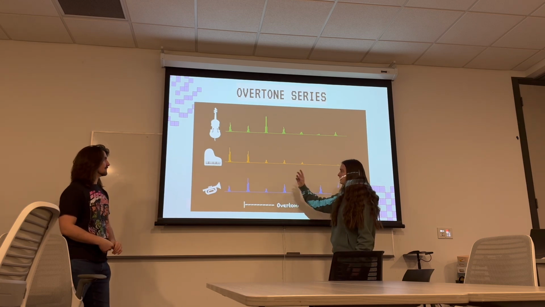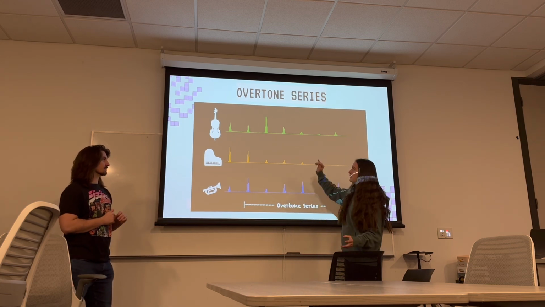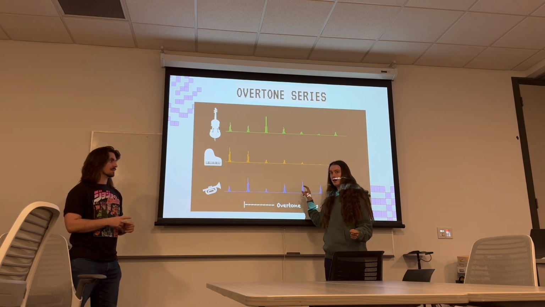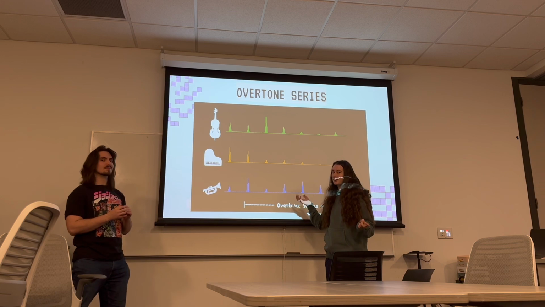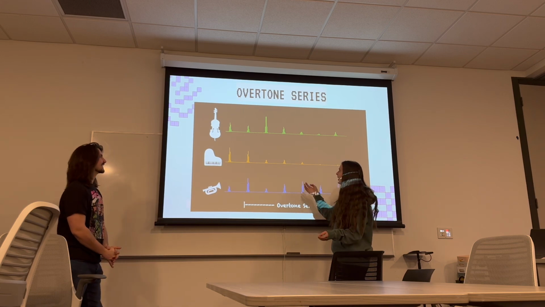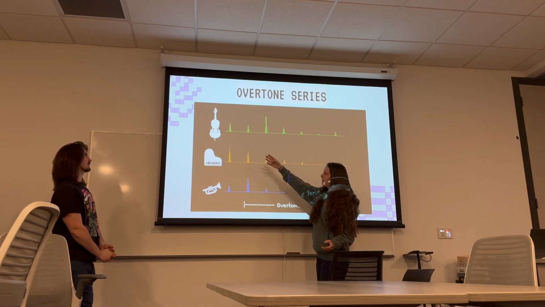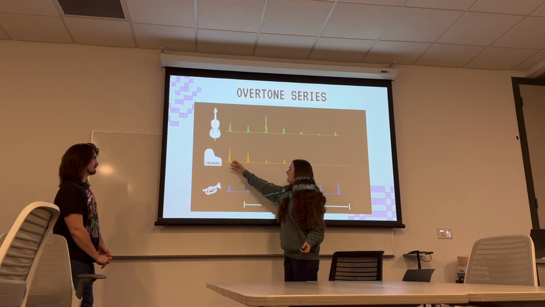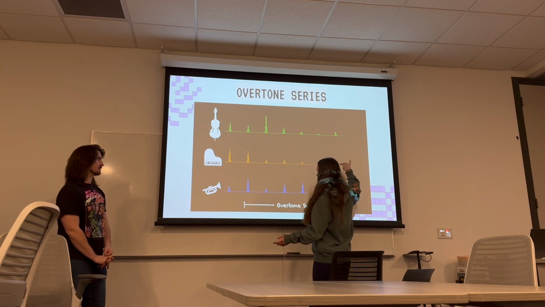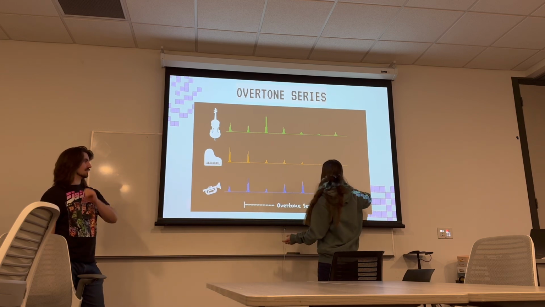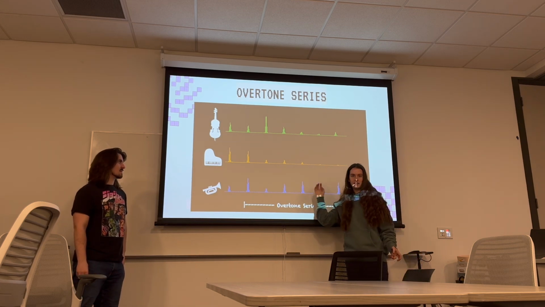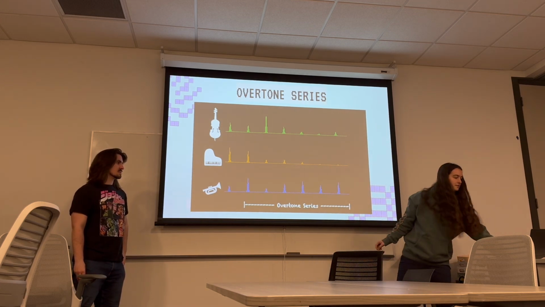But the difference is that for every instrument or every sound, the ratio at these different harmonics is different. As you can see here, the cello has a higher spike there, the piano has higher spikes initially and then they fade off, whereas the trumpet has a varying amount of frequency at these different stages.